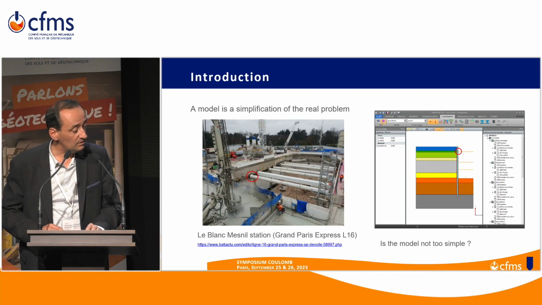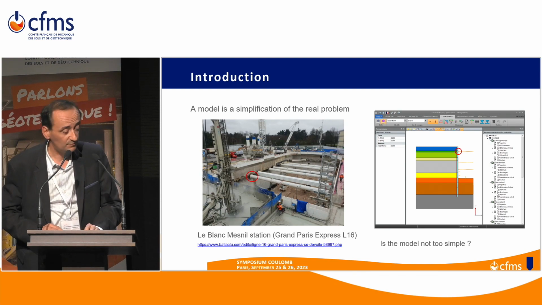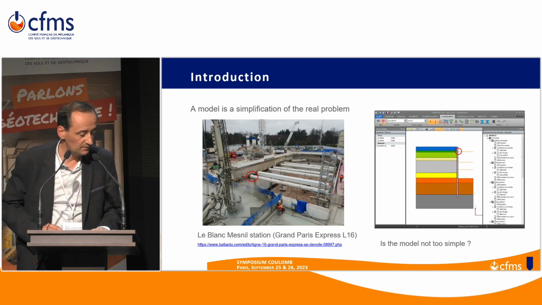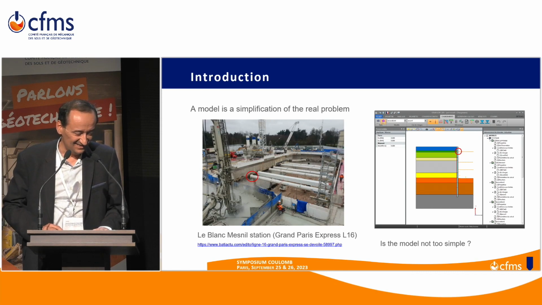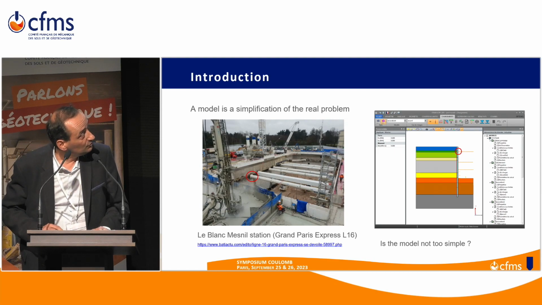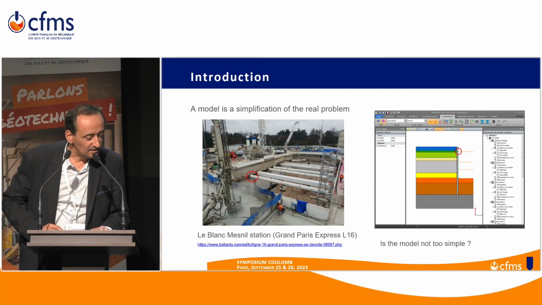Okay, but we must remain aware of the fact that our numerical model is a simplification of the real problem. For instance, here you have on the left a picture of the station of the Grand Paris Express in Le Blanc-Ménil, not far from my home. It's the future line 16. And the numerical counterpart, with my favorite finite element code, is on the right.